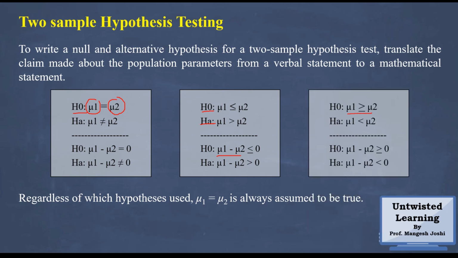Similarly, mu1 is greater than or equal to mu2, mu1 is less than mu2, and mu1 minus mu2 is greater than or equal to 0, and mu1 minus mu2 is less than 0. So, the first leads to a two-tailed test. Since the sign is greater than, it leads to a right-tailed test. Since the sign is less than, it leads to a left-tailed test.